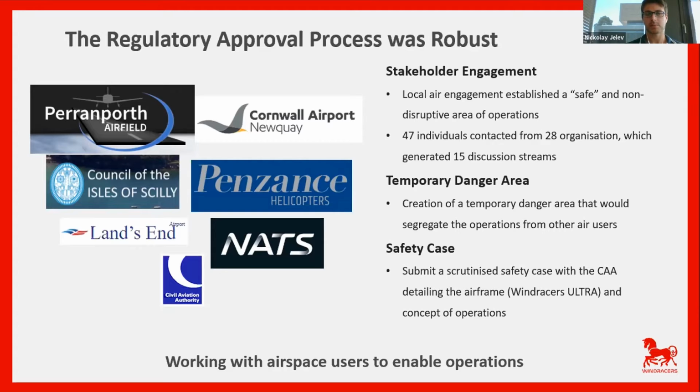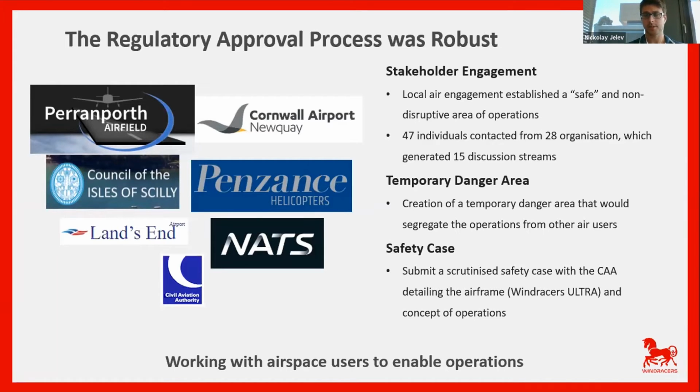But to do this, we had to identify a number of stakeholders that are operating in this area and contact them. For this particular mission and the bit of airspace that this required, there were 47 individuals from 28 different organizations, which generated 15 discussion streams. So what that really means is that before you go beyond visual line of sight flying, you have to identify who you are going to impact with your operations.